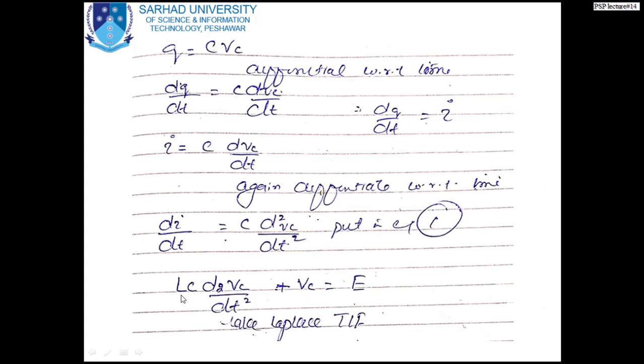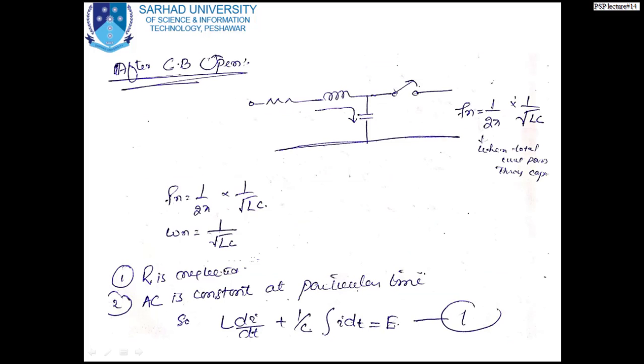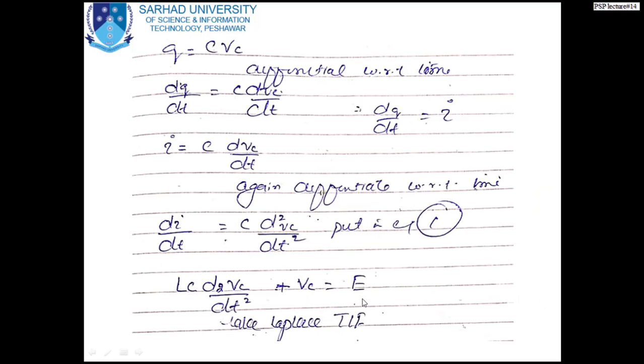So LC d squared V by dt squared, and in the original equation we have 1 over C integral of I with time. So this is actually VC. You see here, this is the voltage across the capacitance. This is the voltage across the inductance. The summation of these will be the total voltage applied. Okay. Now, so this is the differential equation.